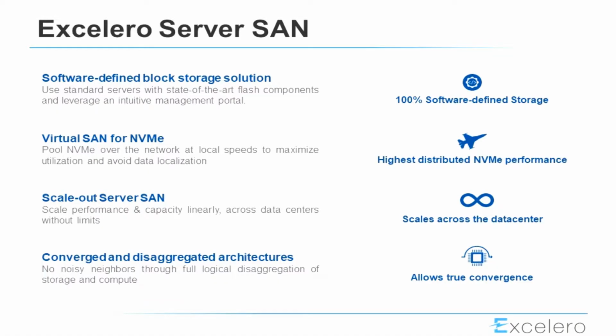And lastly, we fully support converged architectures. Lots of people say this. I don't just mean we can run our software on the converged architecture. I mean that you can run our software on a host, and you can serve up NVMe from that host without a noisy neighbor problem. That is, we don't use any CPU on the target. 0, zip, zilch, nada. No CPU.